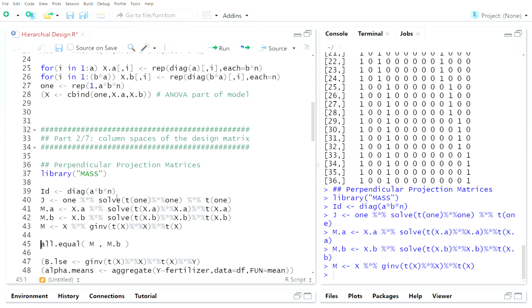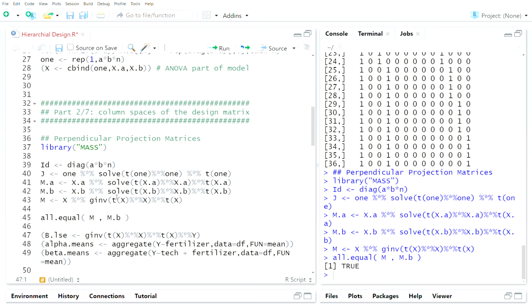So the first column of 1s is a subset of the column space associated with factor B. The column space associated with A is a subset of the column space of B. So M and MB are equal, and we test that, and it's all true.